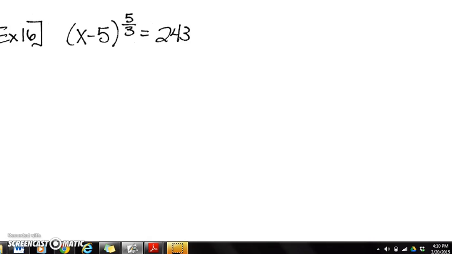16. Same type of problem, but you need to get your calculators out because you're going to have to raise this to the 3/5, right? To the 3/5. So you're going to get x plus 5, because these have canceled out, equals the 5th root of 243, all cubed. Well, get your calculator out, go get one, pause if you need to, because you're going to have to take the 5th root.